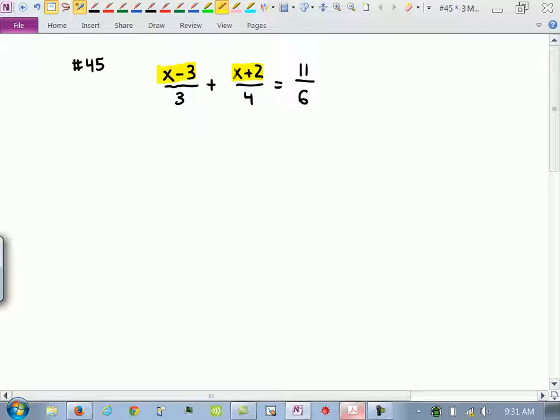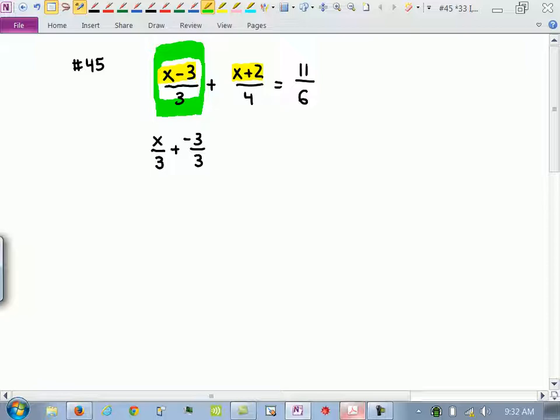So let me help you here. If I rewrite this as x over 3 plus negative 3 over 3, is that the same as the green there? Yes, because how do we add fractions together? You have to have the same denominator, right?